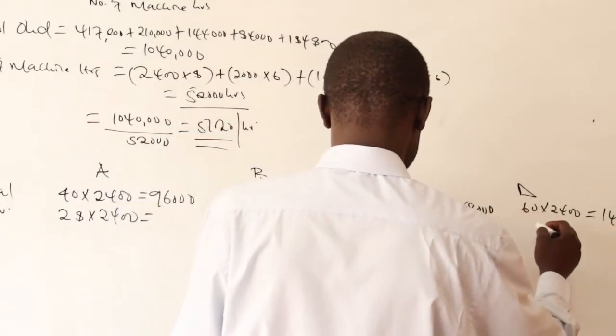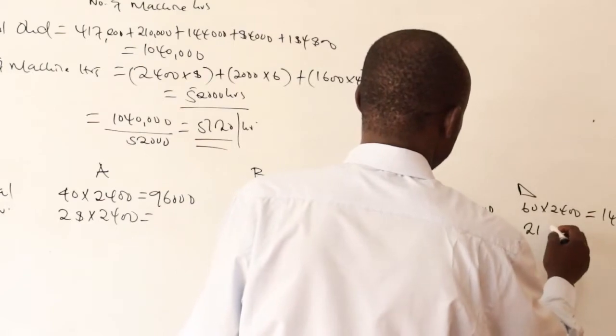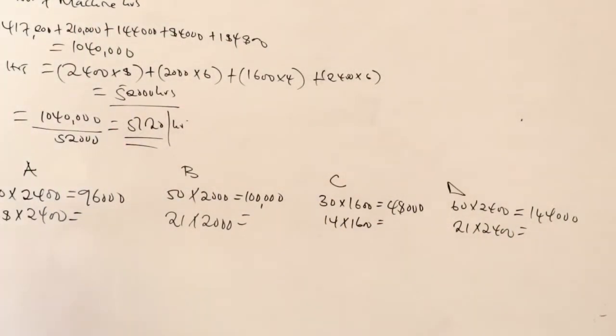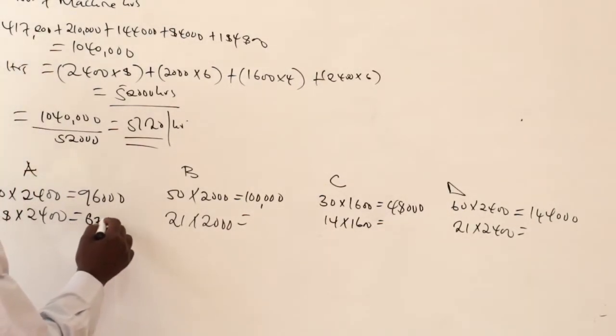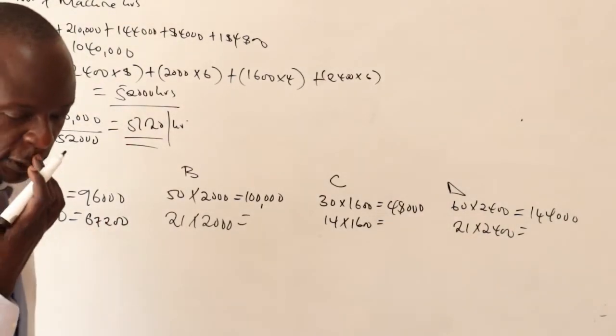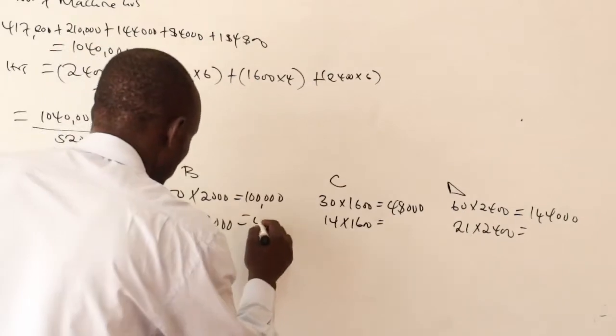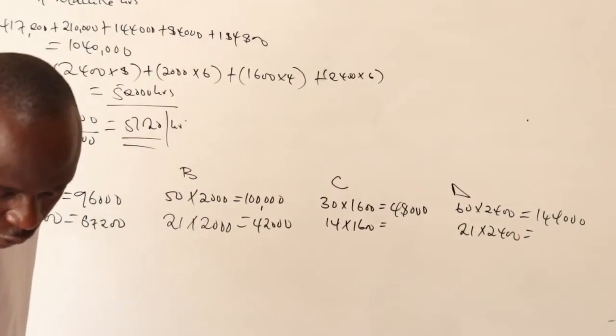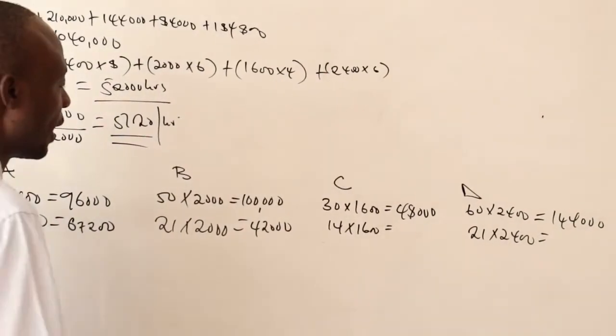Then the last one is 21 times 2,400. So we get the values there. The first one will be 67,200. The second one will be 42,000. The third one will be 22,400.